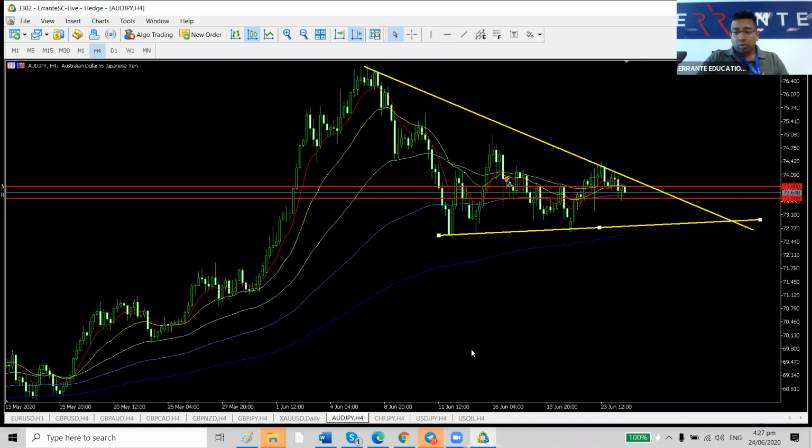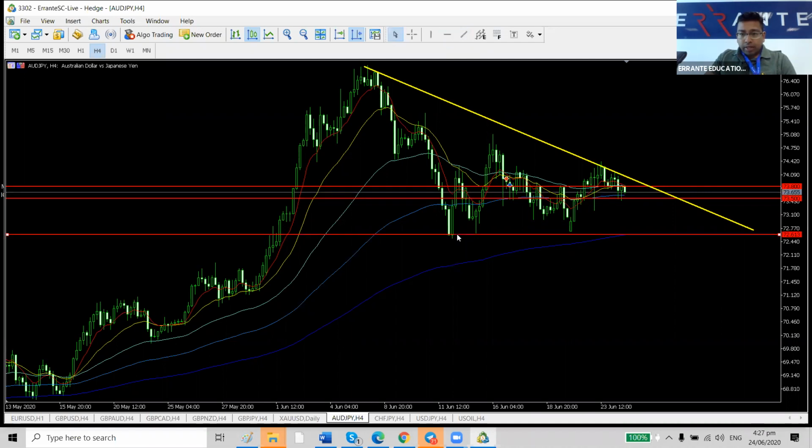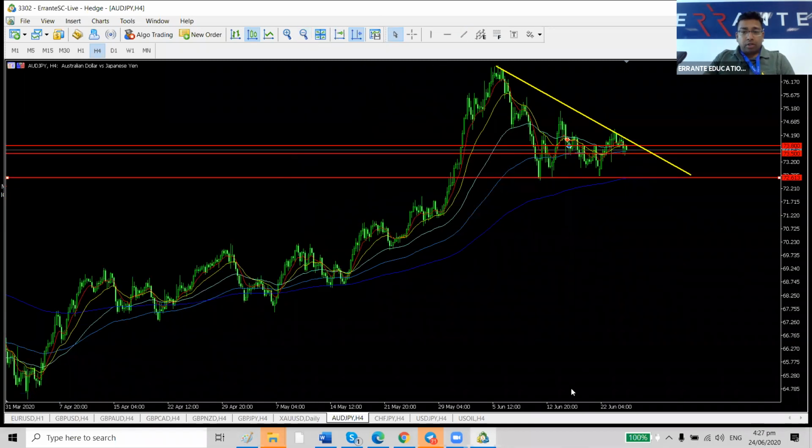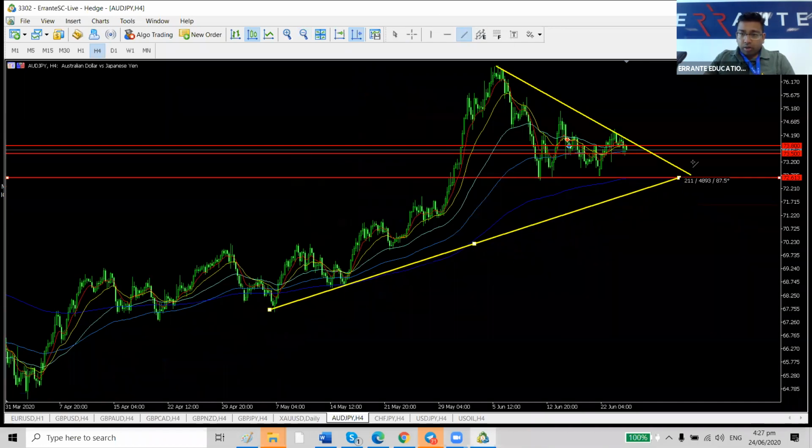So what we can then do is look at perhaps that doesn't even touch, but we've got this area here. What we can then do is just to minimize a little bit and grab a line that is starting from here all the way up.